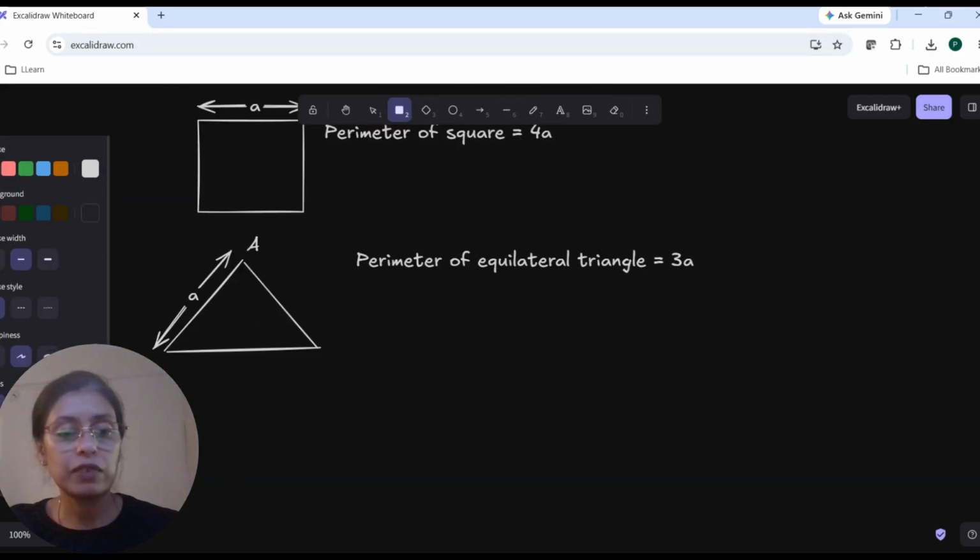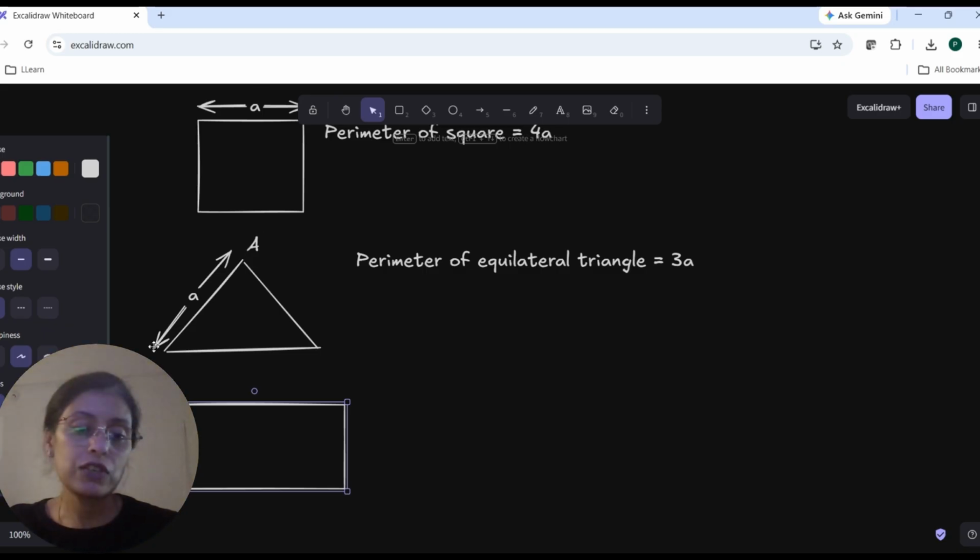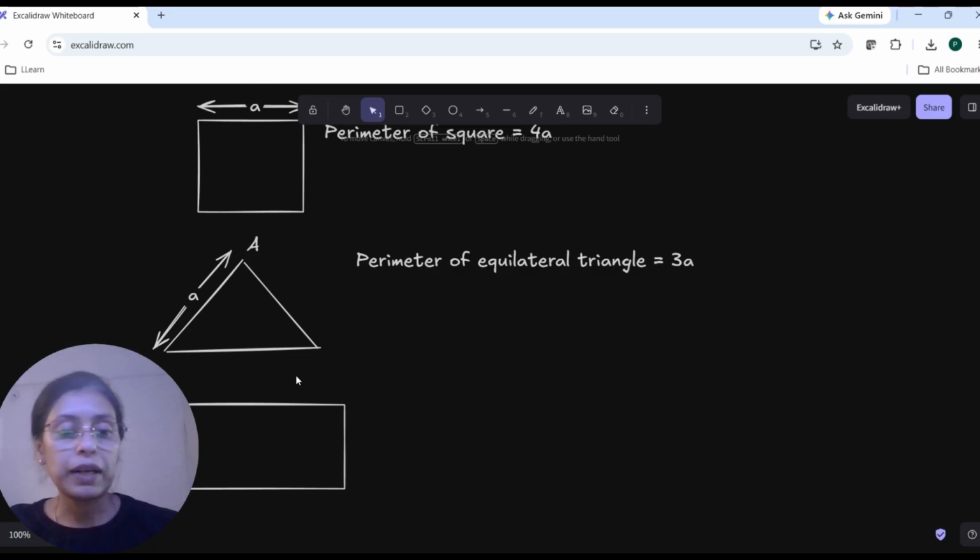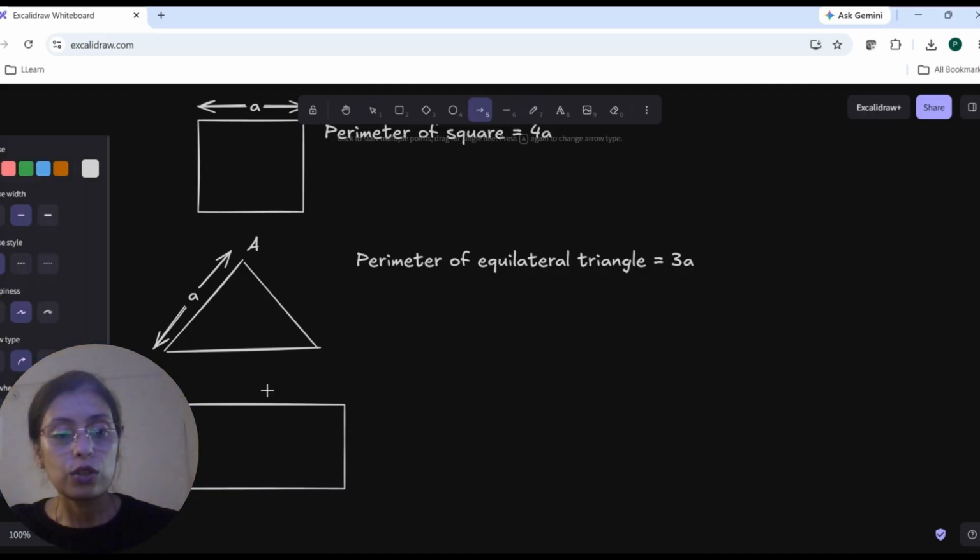Similarly, we'll take a rectangle. In the square, all sides were equal. In the equilateral triangle, all sides were equal. But in a rectangle, we know already, the sides are not equal.